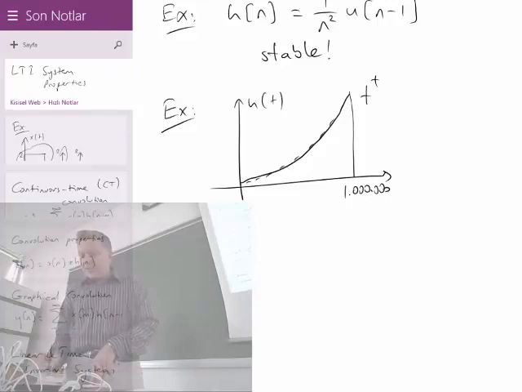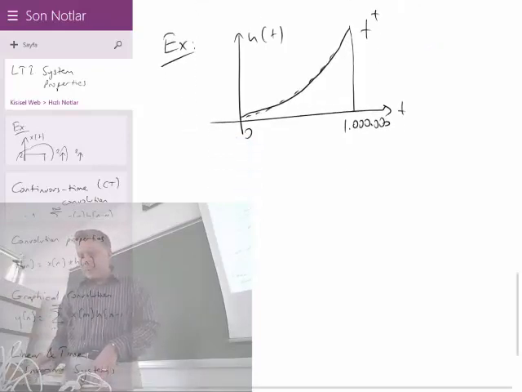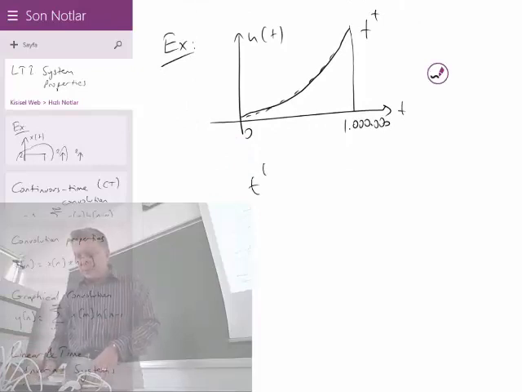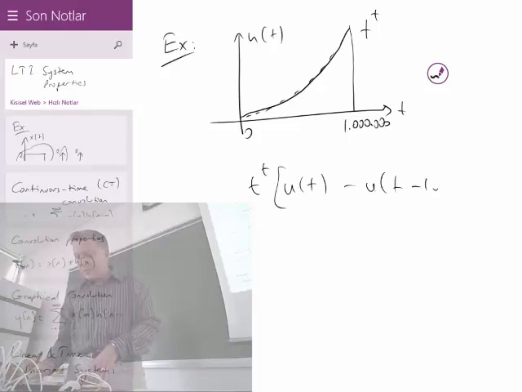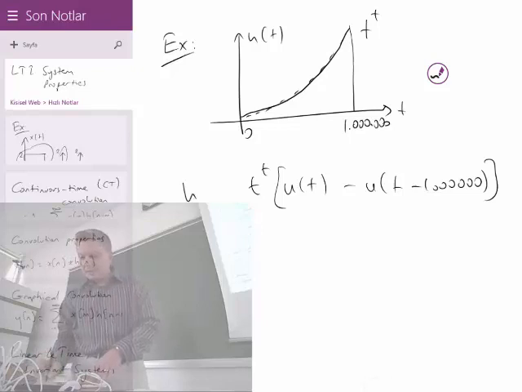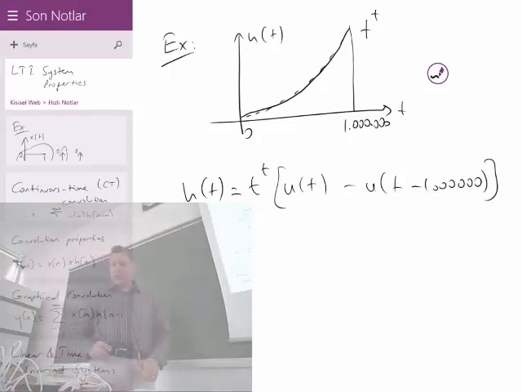It starts from 0. So the signal that I'm trying to write in closed form is, in open form, in fact, t to the power t, u of t minus u of t minus 1 million. This is h of t. It's a huge signal, in other words.